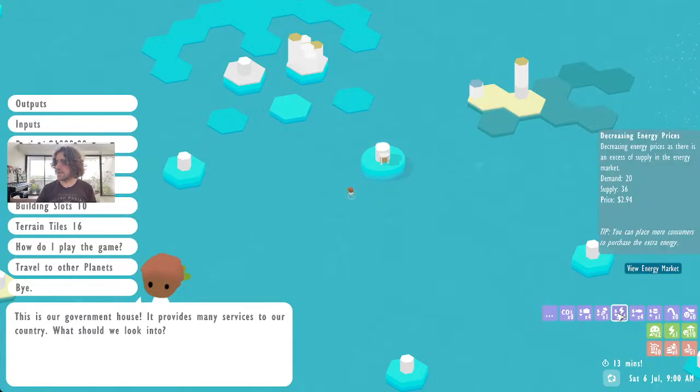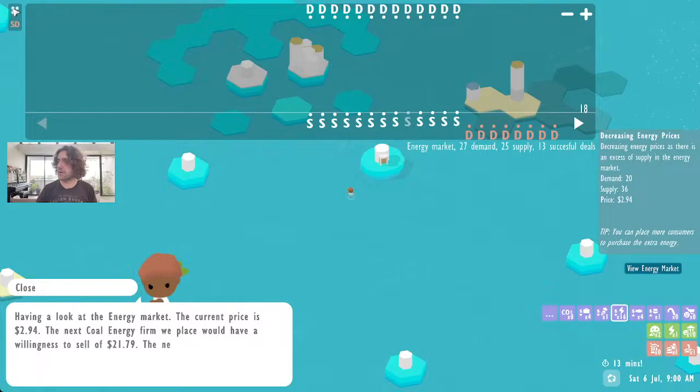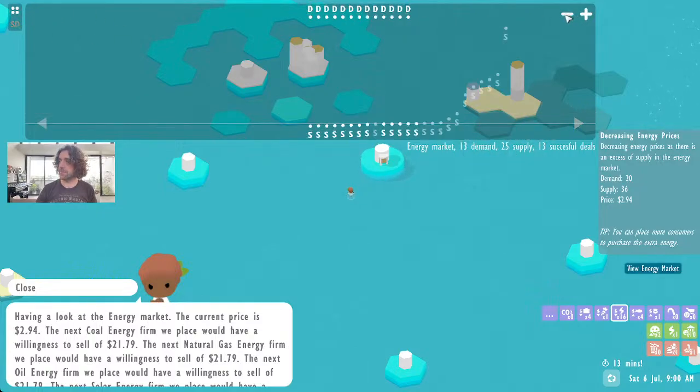You can just check this one and check the energy market and have a look at what's going on in the energy market. You can see here, I'm going to hide the points in the demand and supply that are excluded. It's a little bit easier for me to look at this graph, and I'm going to make it a little bit smaller so I can see all the supply.